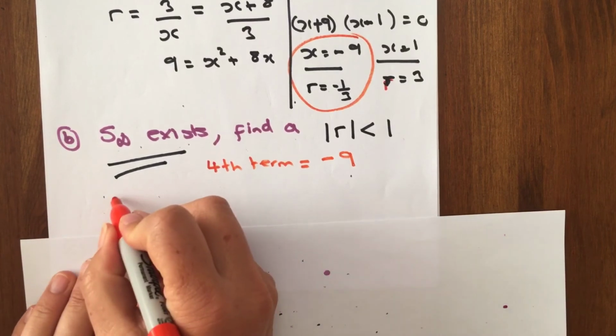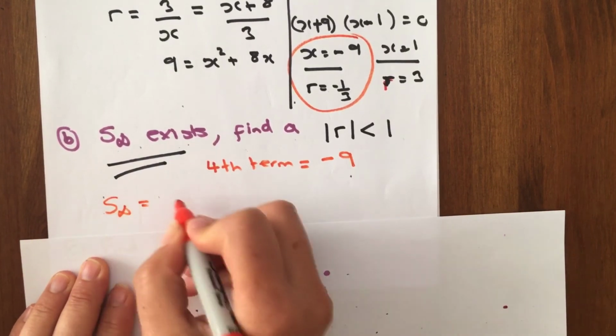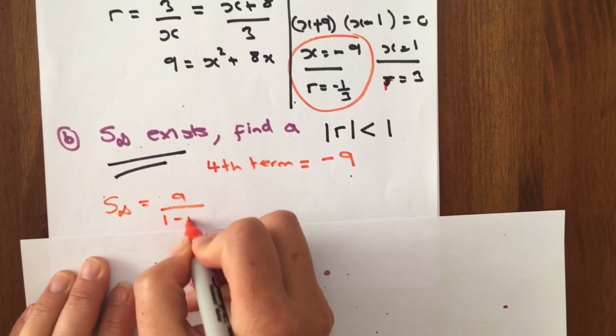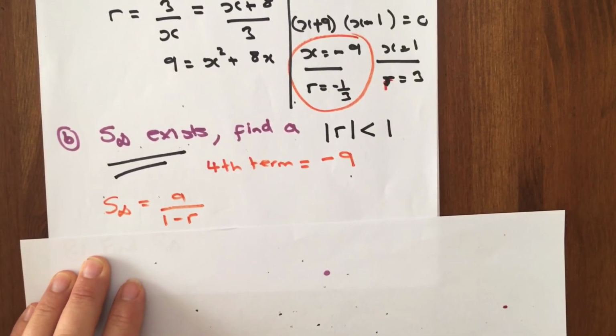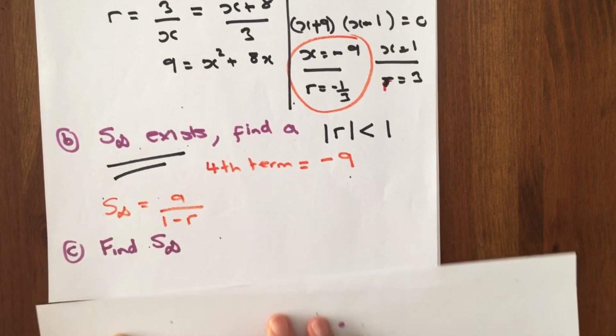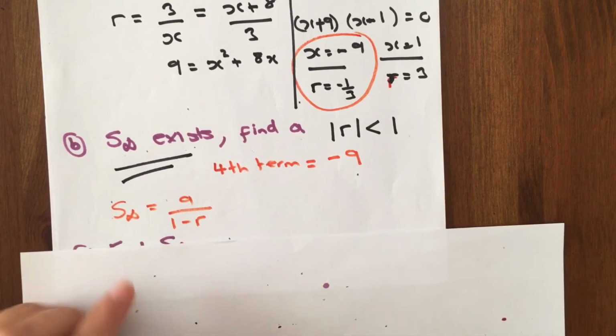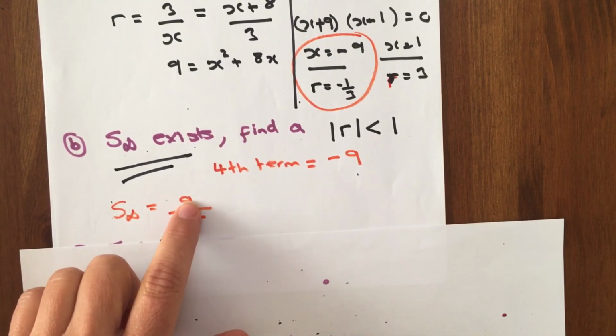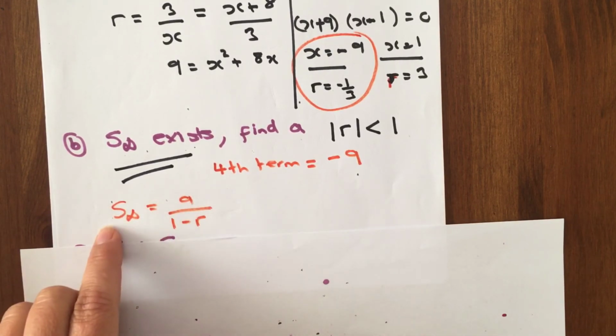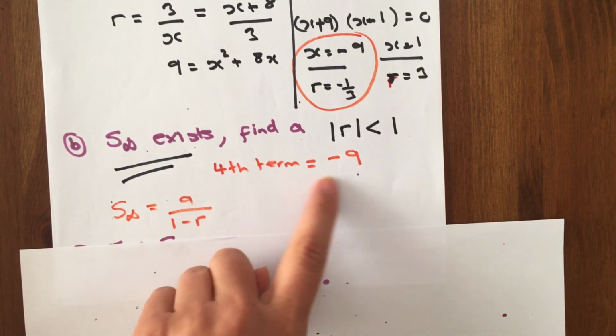So I know sum to infinity is a over 1 minus r. Now, I want to find A and I want to find the sum to infinity. So I can't find A using this formula. I'm going to have to do it from here.